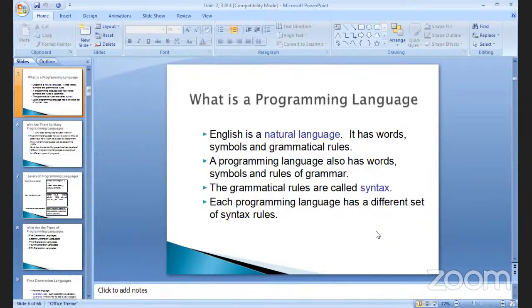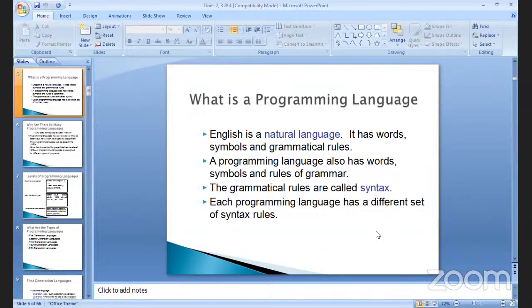In natural terms, English is a natural language, and we know that it has different symbols, words and grammatical rules. Is there any chance that computer programming also has rules? Yes, definitely, it has rules. A programming language also has words and follows symbols, and it is made according to the norms and rules of a grammar.